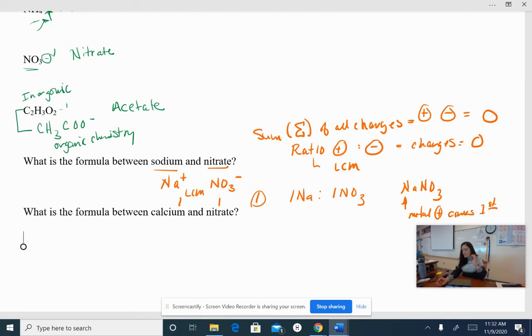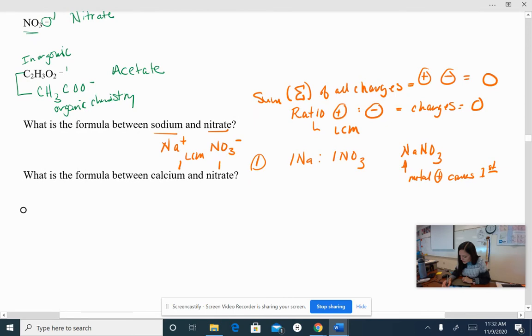And then you write the negative ion second, okay? That negative ion always has to come second. Okay, so it's very much like finding things with the binary ones, but now we're using these groups, these polyatomics, and we use them as groups.